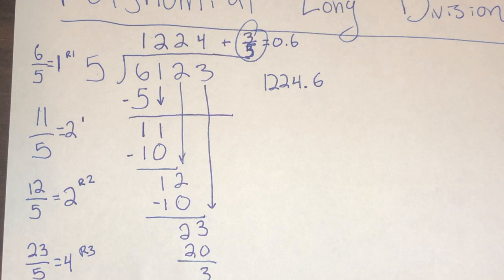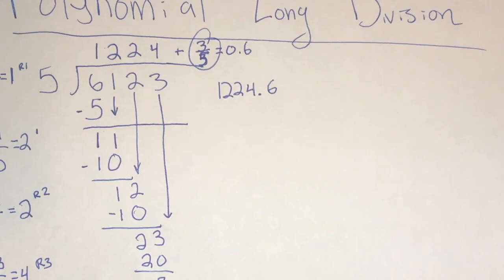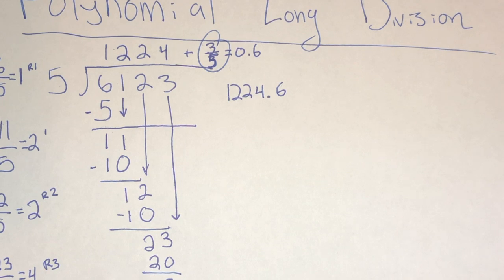Okay, now what I'm trying to get at is that long division with polynomials is, again, a very similar process, okay? And to show you that, I'm going to launch into a little example here that will show you where I'm coming from, okay?